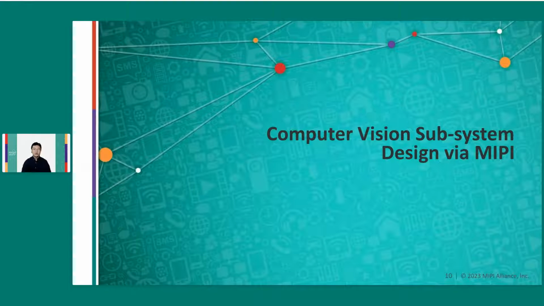And also because we can use MIPI, we think more about this. So it's not achieved by the traditional solution. So here we also design a computer vision subsystem in our product.